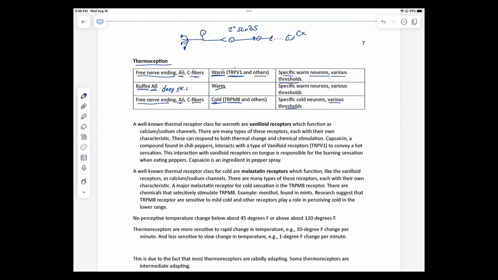But again, even with this scheme here, this would be considered a cold neuron. You have multiple subtypes of cold neurons that are going to be synapsing on different secondaries, which are synapsing on different tertiaries and so forth, which will end up synapsing on different neurons in the cortex for degrees of coldness. And we can do the same thing if we're talking about warm neurons.